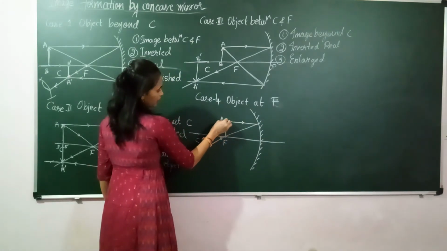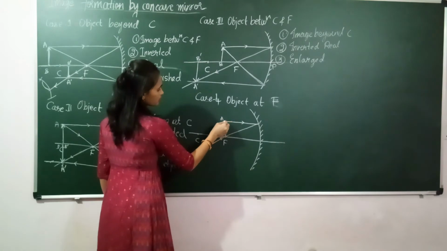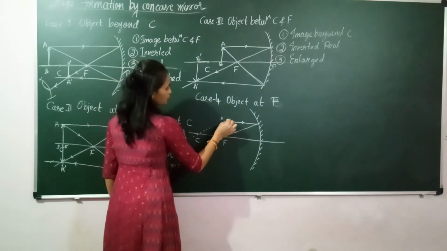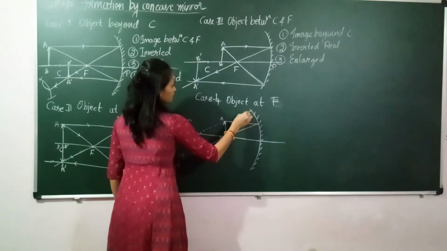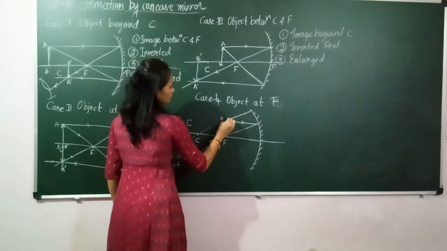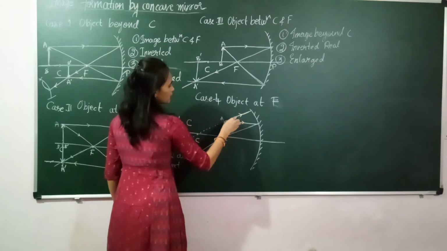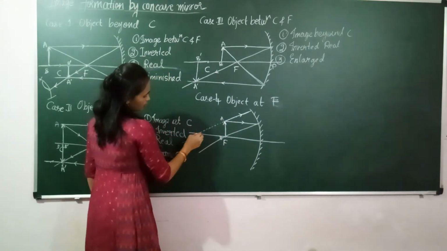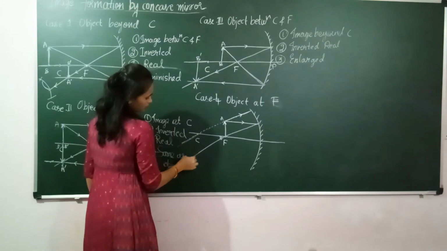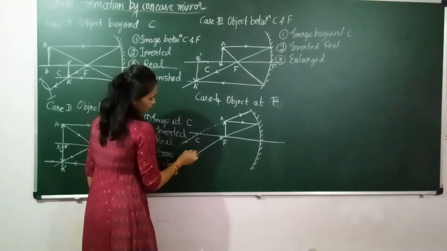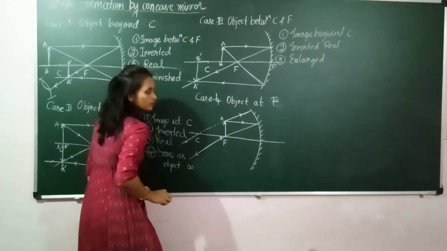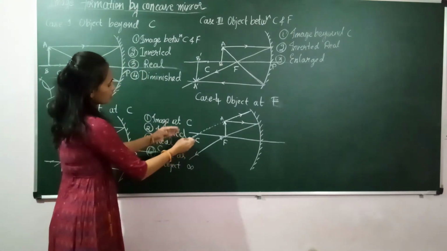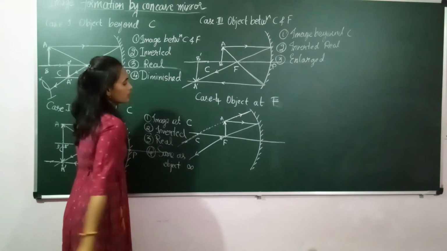Second ray, how we will draw it: the ray is passing through the center of curvature, traveling in this direction. So these two rays will meet at infinity. When the two rays are parallel, we consider that these two rays are coming from infinity.